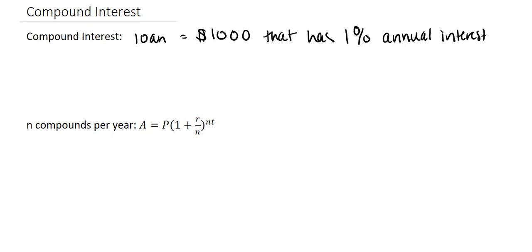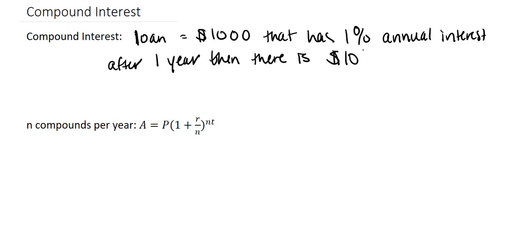After 1 year, there is $10 of interest. So then you add that to the $1,000. So you go $10 plus $1,000 after that 1 year, and we get $1,010.